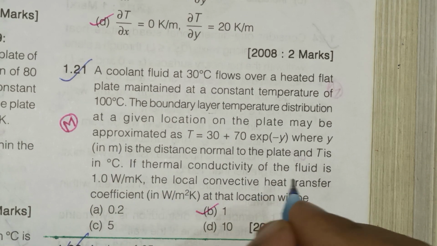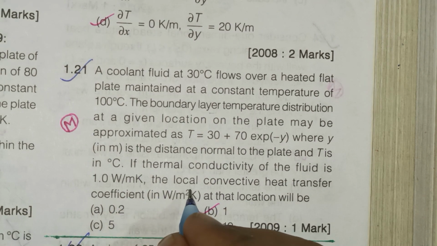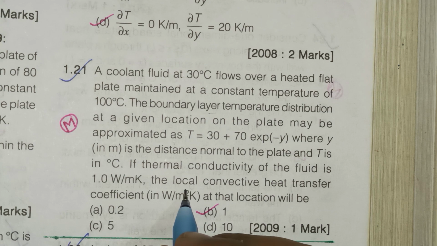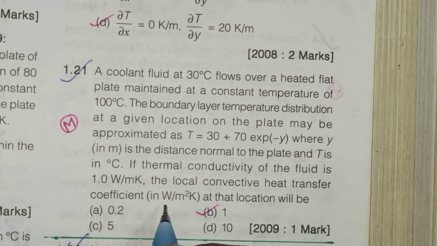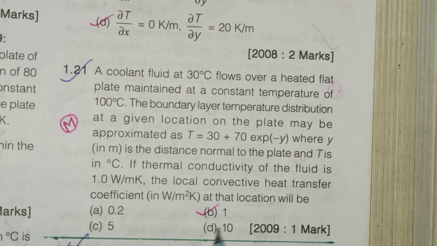If thermal conductivity of the fluid is 1.0 watt per meter Kelvin, the local convective heat transfer coefficient in watt per meter square Kelvin at that location will be dash.